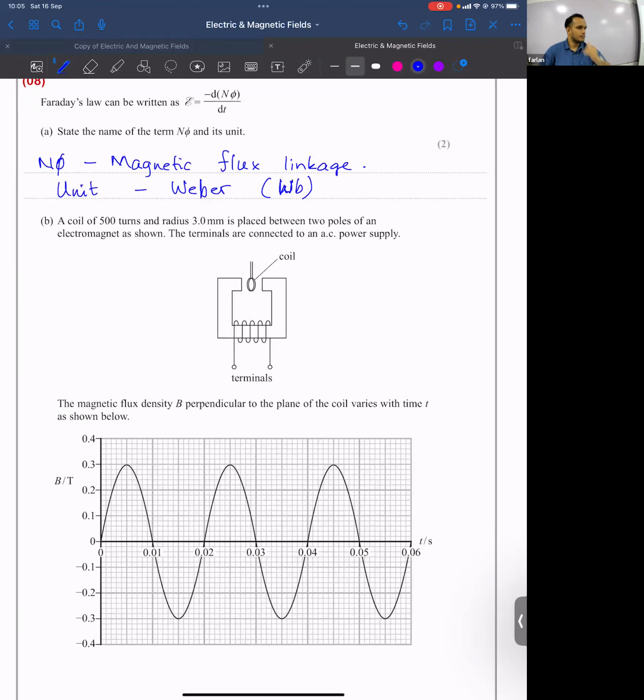Part B. A coil of 500 turns and radius 3 millimeters is placed between the two poles of an electromagnet as shown. The terminals are connected to an AC power supply.